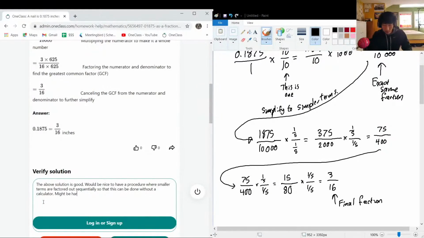It might be hard to see how you know that 625 is a factor.